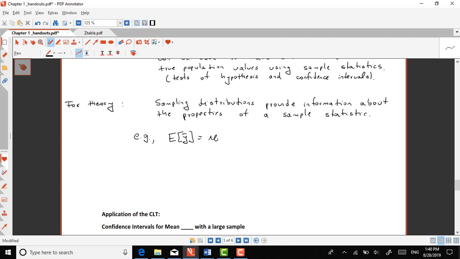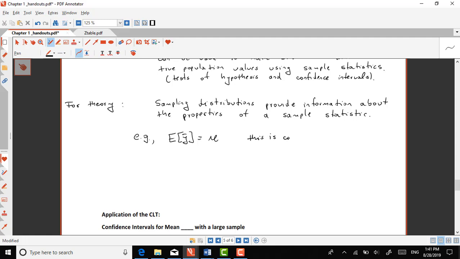Well, more intuitively, the average of the distribution of the sample mean is equal to the average of the distribution of the original variable. Now, this property is called the unbiasedness property of an estimator.